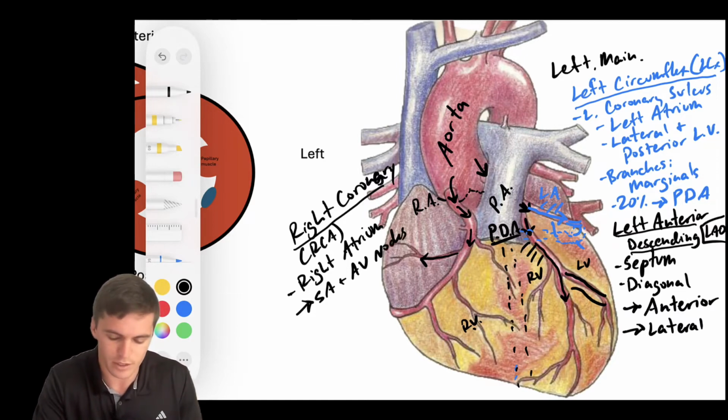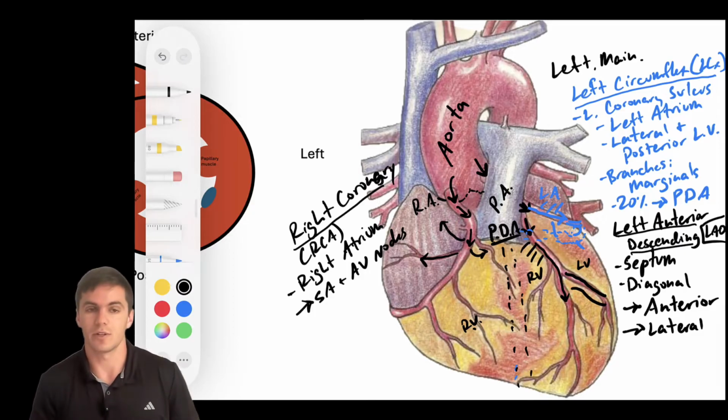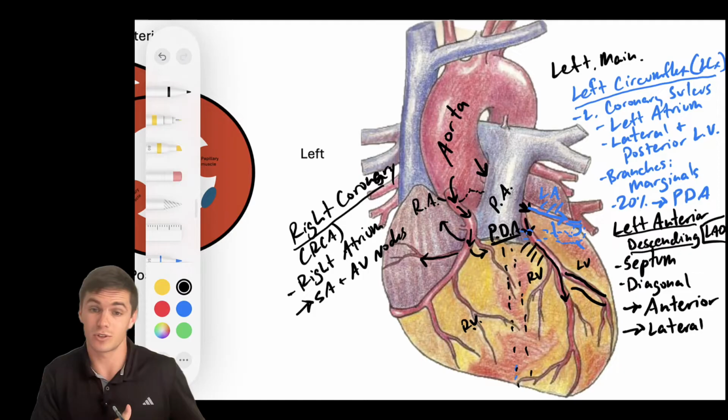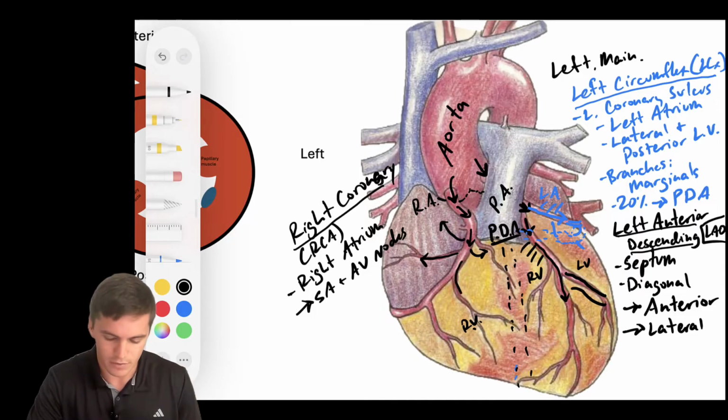It gives off branches that go to the SA node and branches that go to the AV node. Those are the SA and AV nodal arteries. So, a heads up: if you get a right coronary artery occlusion proximal to those branches, you might see SA or AV node dysfunction, right? So this is all for a reason.